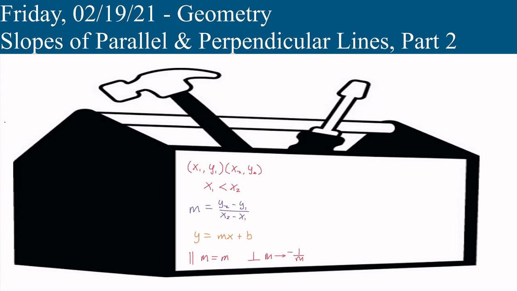Now, if you are trying to find the linear equation of a line that passes through a point, so I'm going to put a star there because this is one that we're going to use, and this is a particular point that they're going to specify, and is parallel.